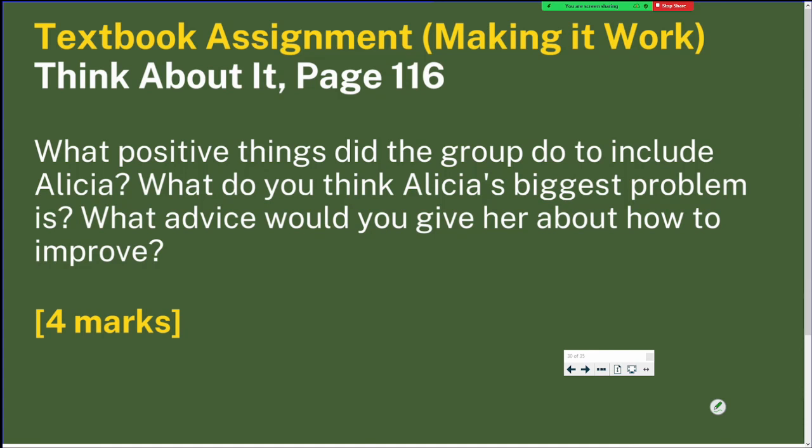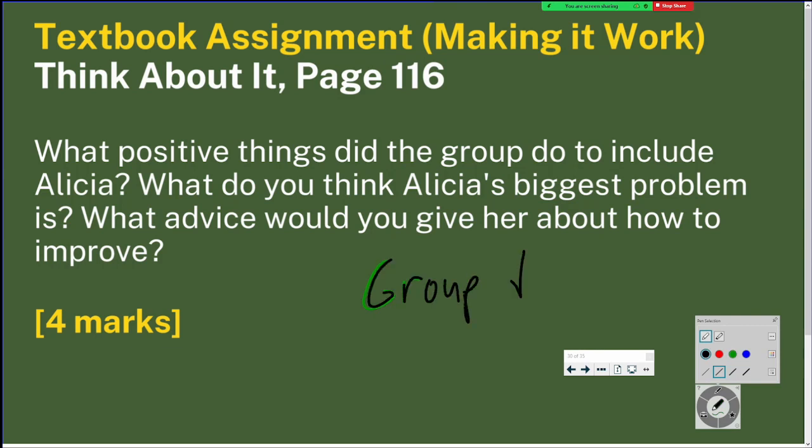So let's figure out where Alicia is in her life, and if she's okay to proceed, then we've got to give her ways that she can be part of the group, right? So we're talking about the group dynamic in this situation, right? The group dynamic.